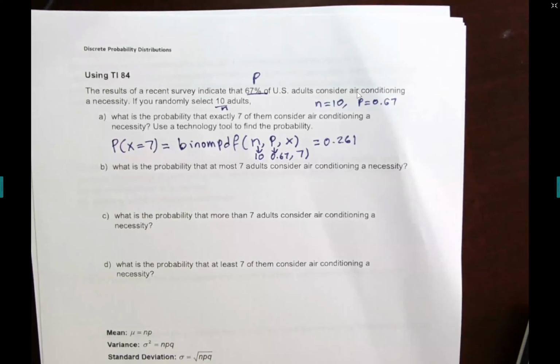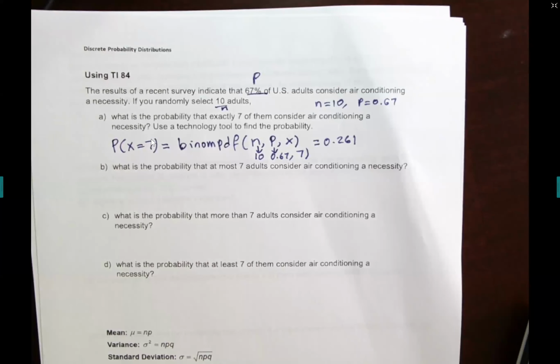You need to change the value of X and then do the calculation. What would X be? That's what I'm asking. Would it be 1 minus 0.67? No. You need to change the value of X.